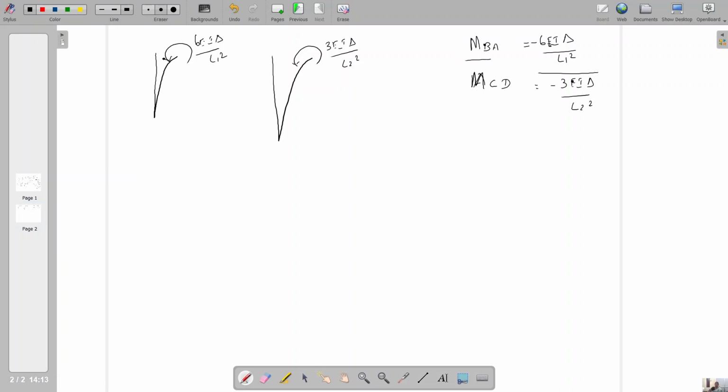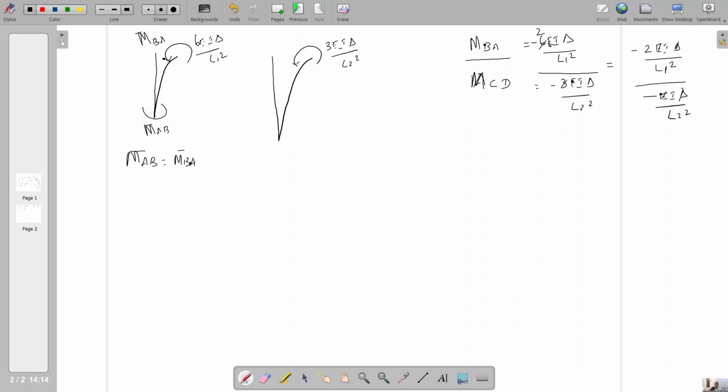If you divide, you will get minus 2EI delta by L1 square divided by minus EI delta by L2 square. You can even cancel those. If I differs, you have to consider I. Now MBA is at the top and MAB is at the bottom, so we consider MAB equal to MBA here.